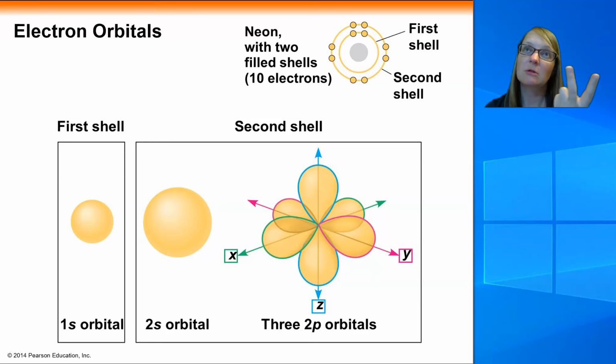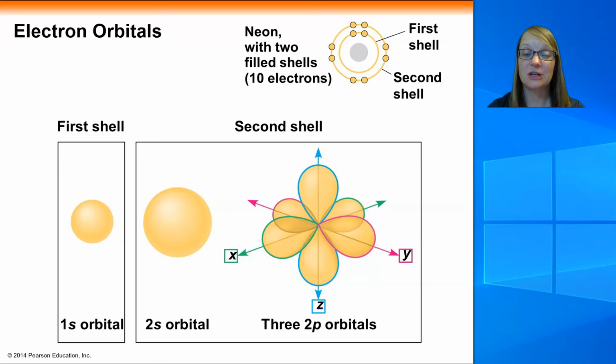So if each orbital only fits 2 electrons and the first energy shell only has 2 electrons, how many orbitals do you need to house those 2 electrons? Hopefully you're telling me 1. Right, and so in the first shell down at the bottom here, we can see that we only need 1 orbital, and this is a spherical orbital. So those 2 electrons in that first shell are buzzing around sort of in that spherical shape. It's pretty small around the atomic nucleus.